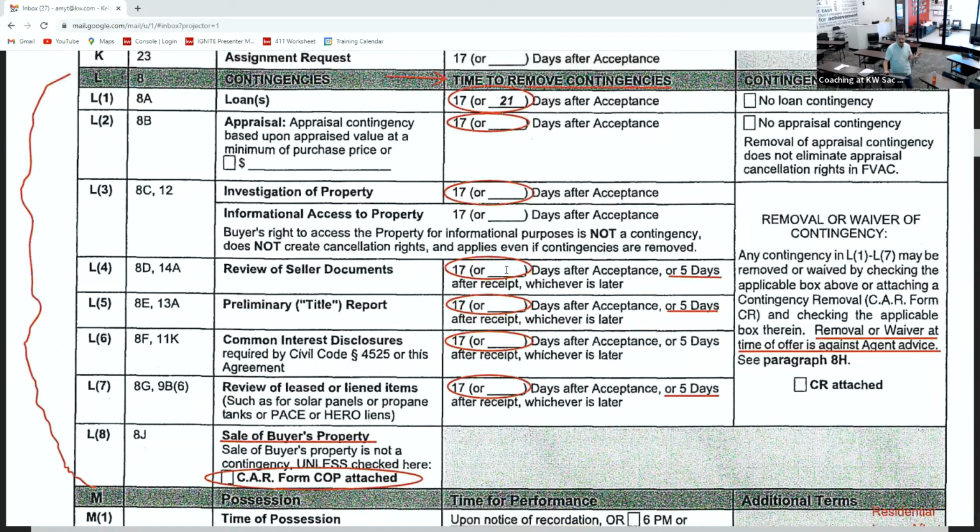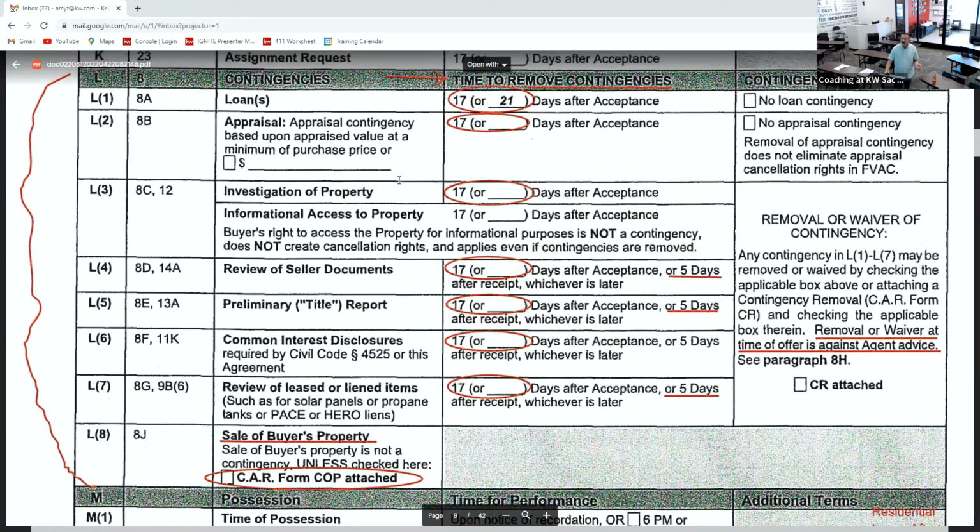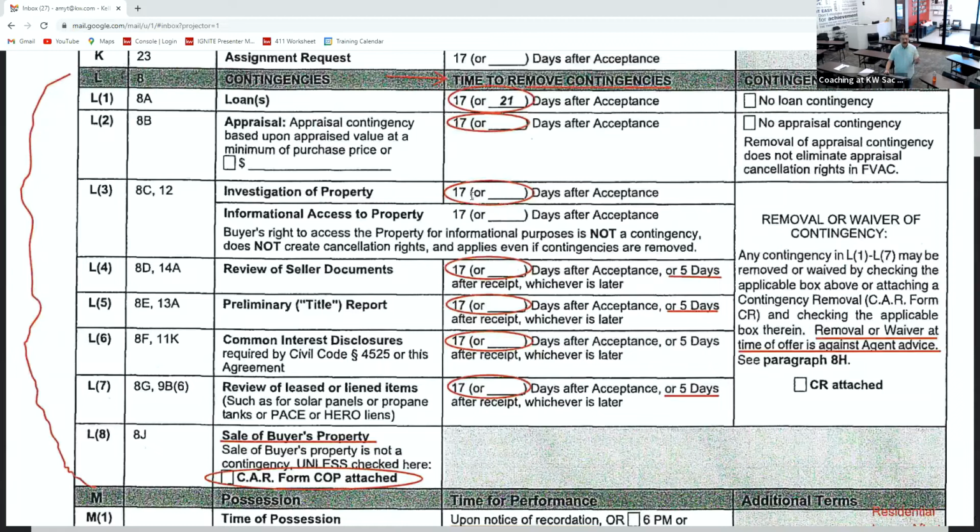Now, let me talk for a second about these days and how these contingencies are removed. It used to be, in the old days, with the contract that we used up until I think October of 2002, that when you hit 17 days after the contract ratification date, the contingencies automatically dropped off. You didn't have to have your client sign a document saying, I'm removing this contingency.